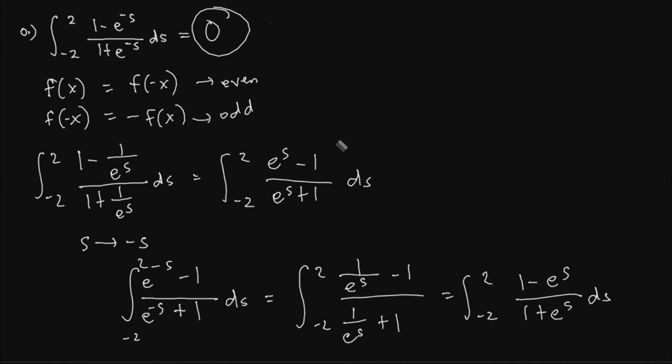Now, this is the final form of negative s. This is your original. Now, let's try comparing this, no? So, if we have negative 2 to 2 and then 1 minus e to the s over 1 plus e to the s ds, to make this even, we should have the same value or result. But this one, hindi siya parehas, no? But if you try to take the negative of this f of x, this is your original expression.